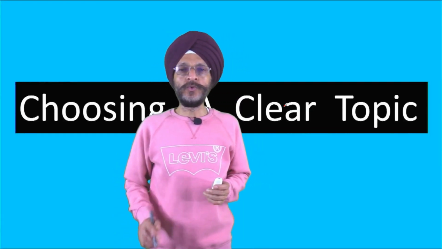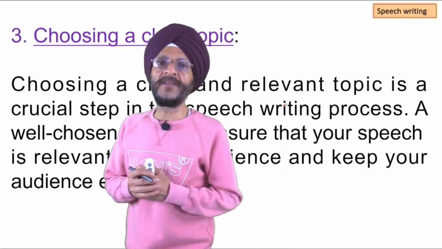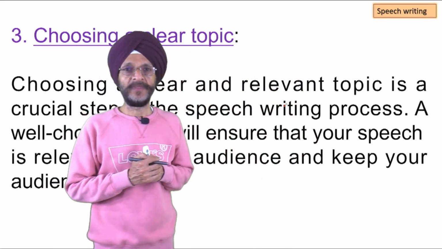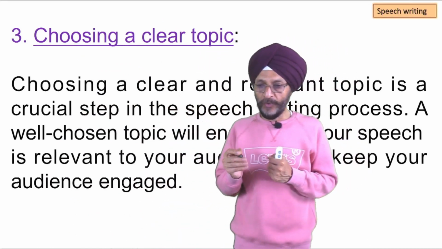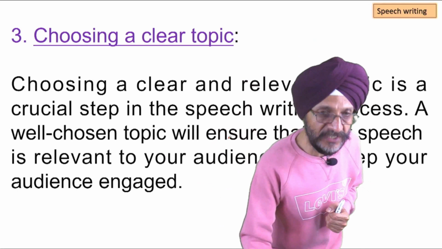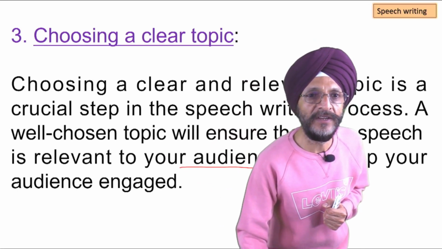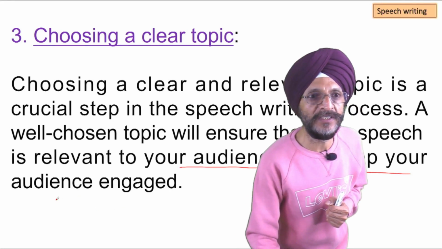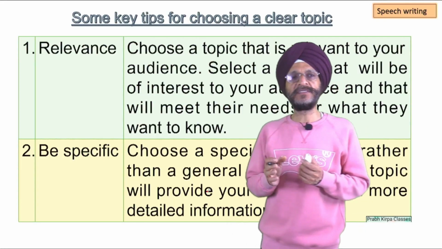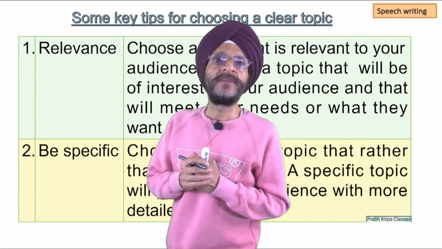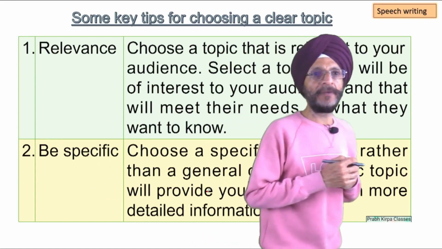Now, choosing a clear topic is a crucial step in the speech writing process. If we choose a clear topic, it will ensure that our speech is relevant to our audience and we will keep our audience engaged. Now, there are certain tips with the help of which we can choose a clear topic.